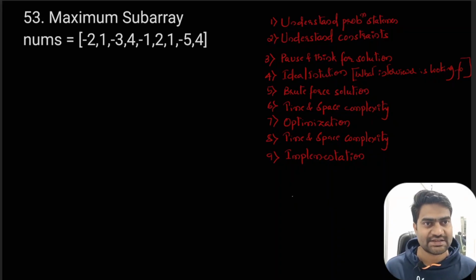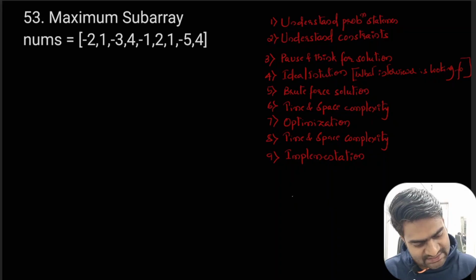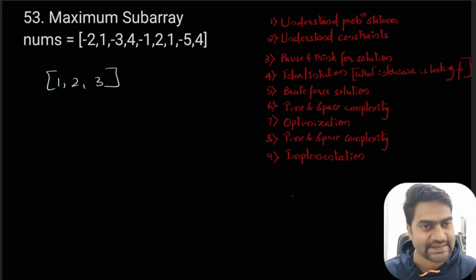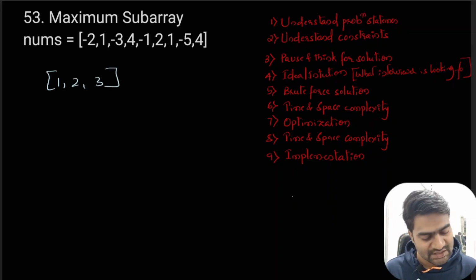With that, let us proceed with the brute force solution for this problem. What is the extreme brute force? We can generate all the possible subarrays. Let us consider another small array, maybe 1, 2 and 3. We understood the numbers should be contiguous, with no missing number in between.